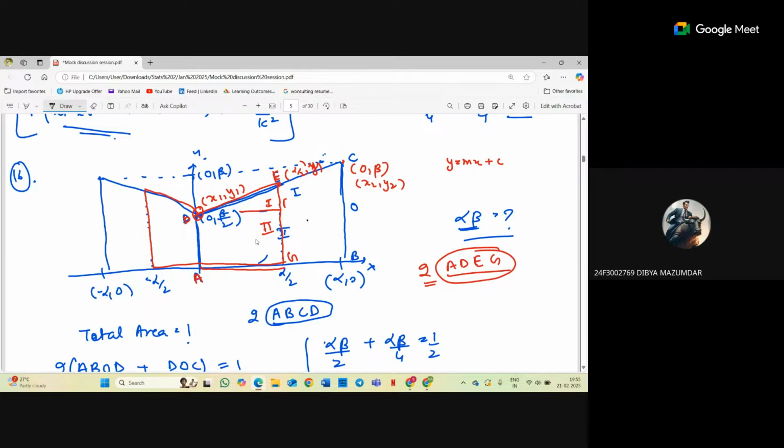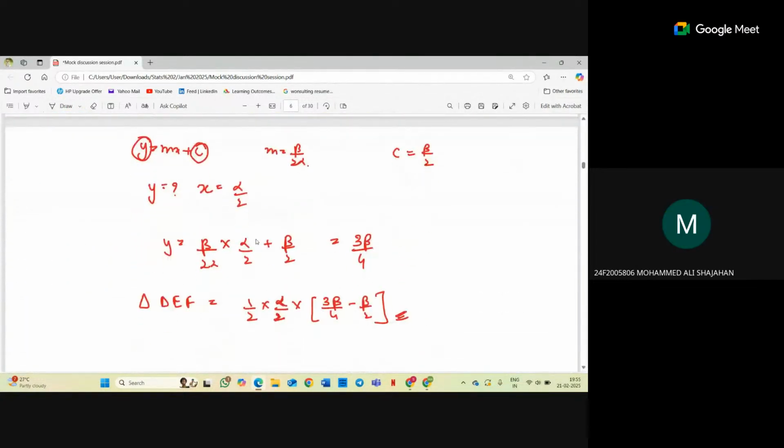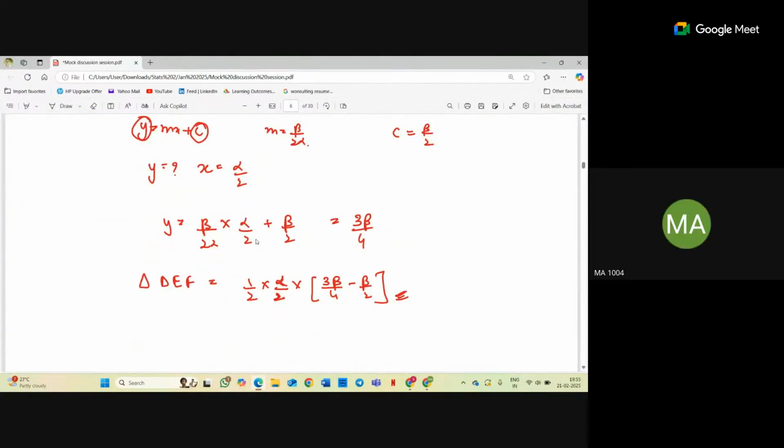This whole part is 3 beta by 4, correct? And this part is beta by 2. So if I subtract 3 beta by 4 minus beta by 2, I would be getting this part. So my area would be half into base into this height. So what will be my value here?